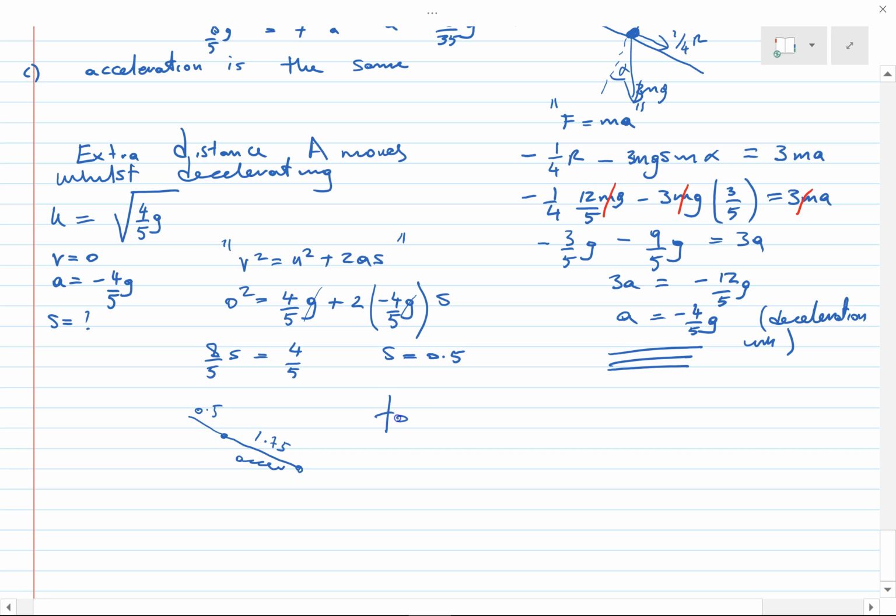So the total distance is equal to the 1.75 plus 0.5, which is equal to 2.25 meters. And that's it.